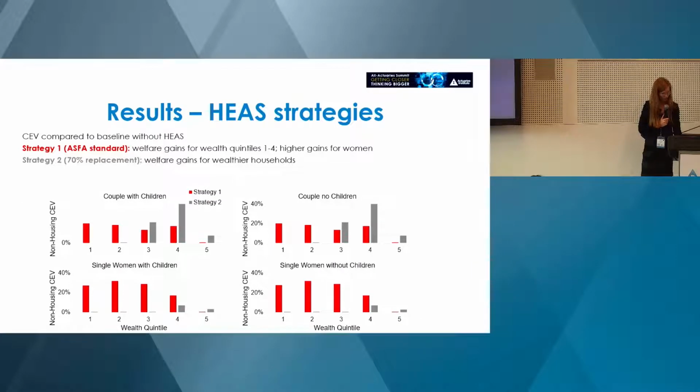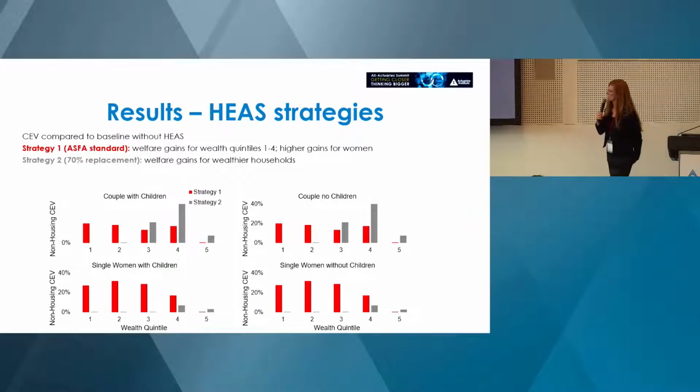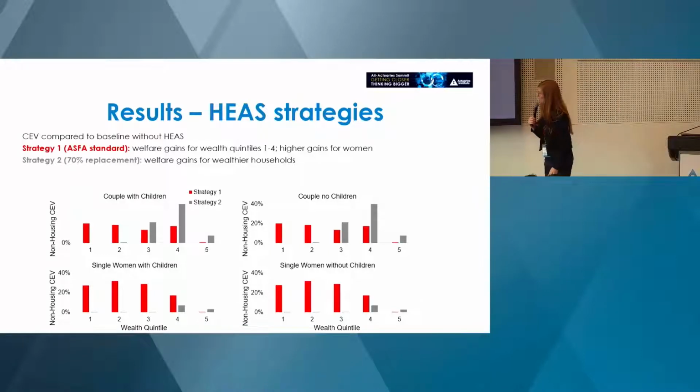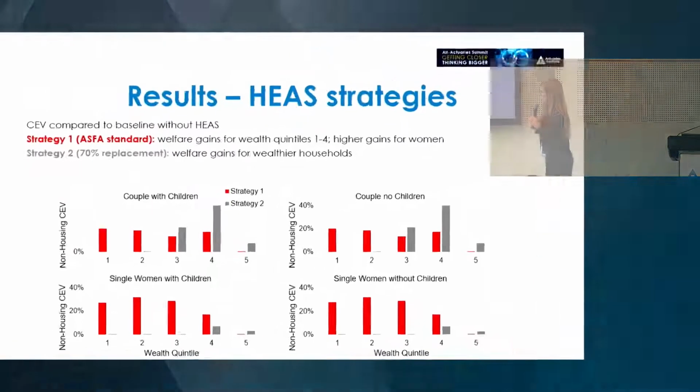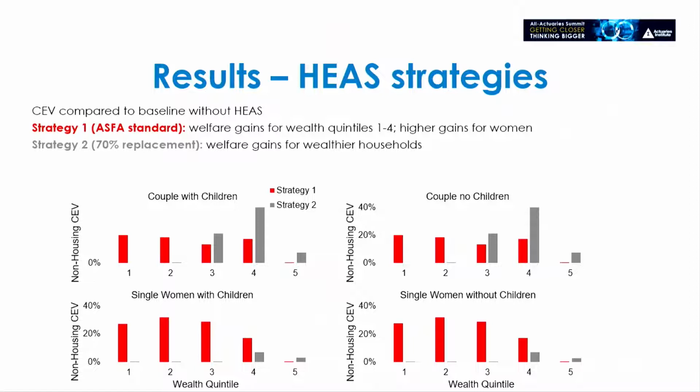So this is the main results that I want to spend a bit of time on. The first strategy, as I mentioned, is trying to reach the comfortable retirement standard. In these graphs I show you the benefits for households in different wealth quintiles.